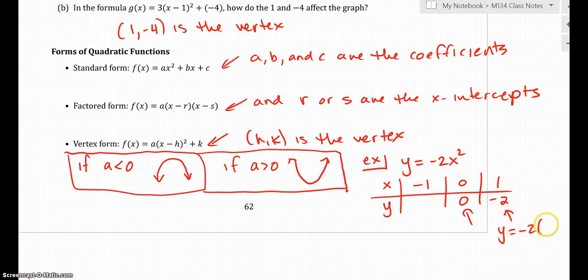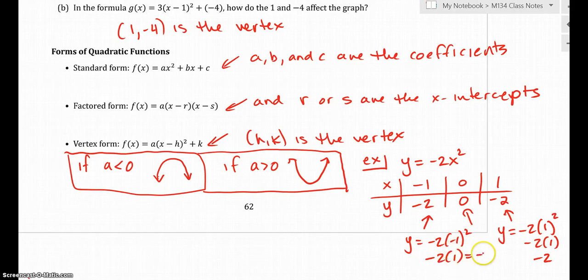To see that, 1 squared is 1, and negative 2 times 1 is negative 2. Even if I plug in a negative 1, it's negative 2, because negative 1 squared we know is 1, and we still get negative 2. So if you look at the graph of this, just real small here, 0 is 0, 1 is negative 2, and negative 1 is negative 2. You can see it's probably going to look like that.